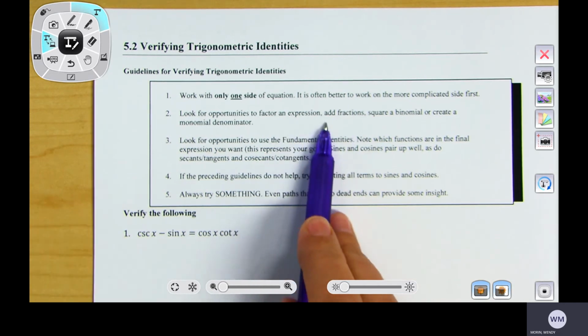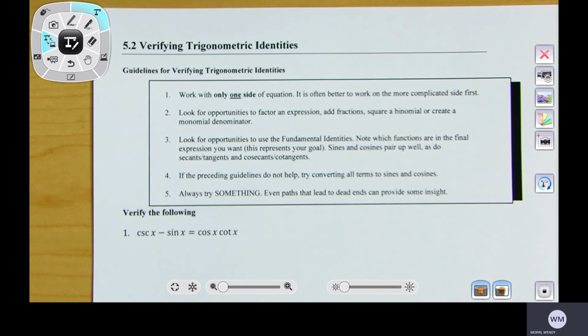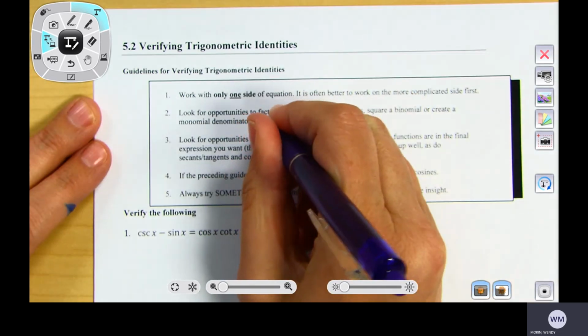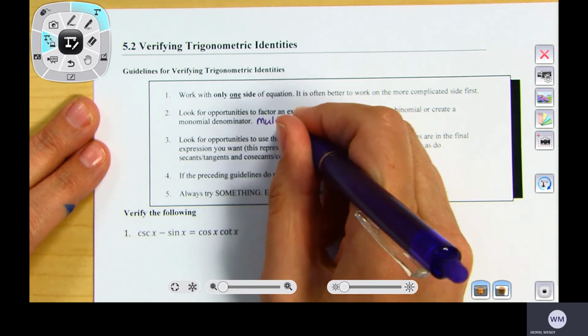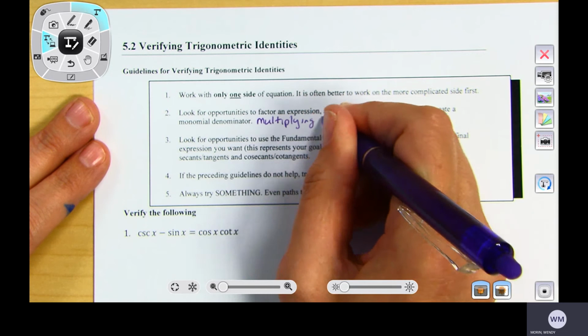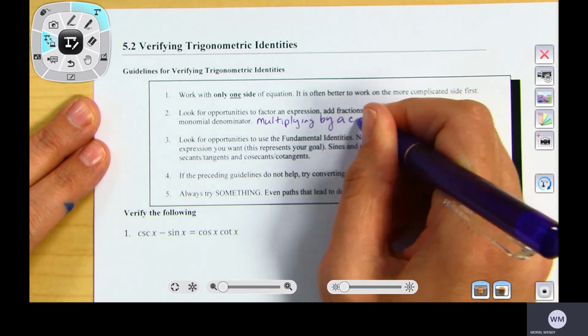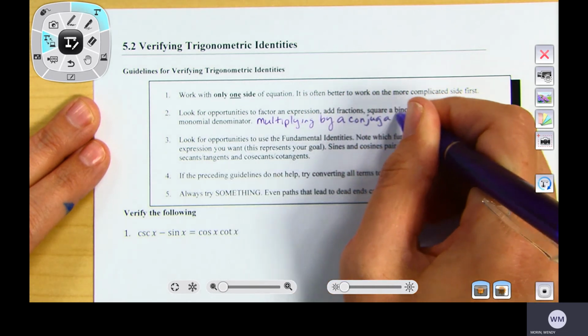And I'm going to go over some tricks with you. Okay? Some of the things I will go over with you is multiplying by a conjugate. So write that down. Multiplying by a conjugate. And we'll talk about why you might want to do that.